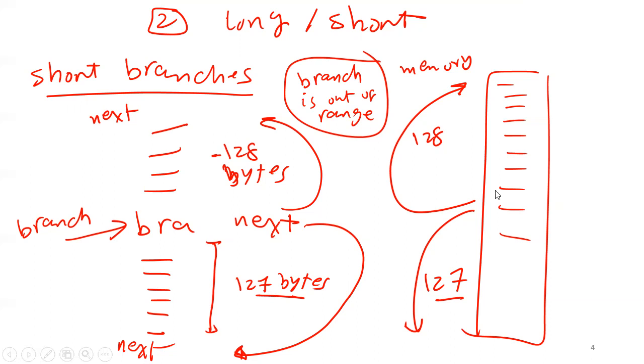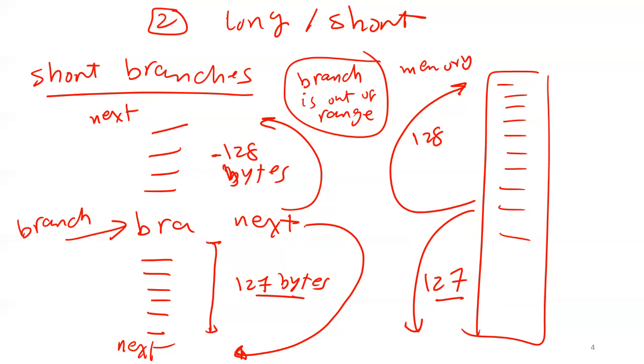So if the branch instruction is here in memory, the maximum I can move forward is 127 bytes. If you branch backward, the maximum is 128 bytes. This is what we call short branches.